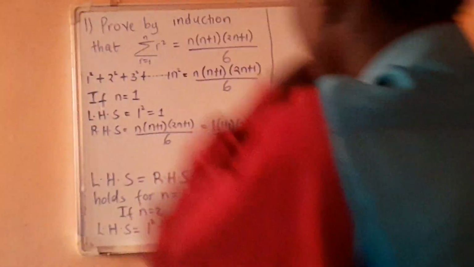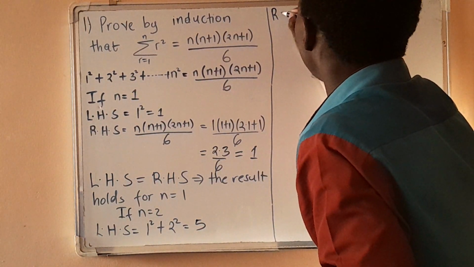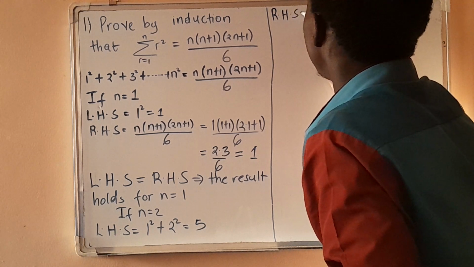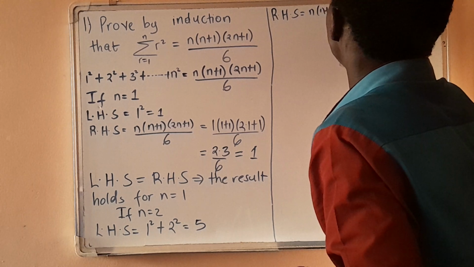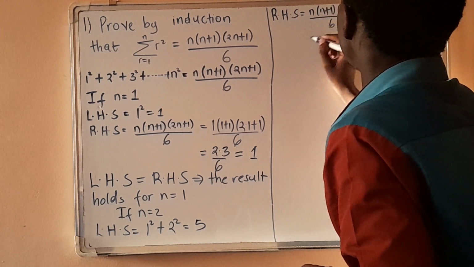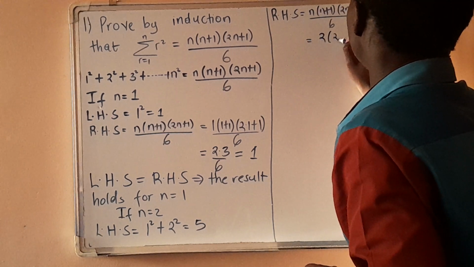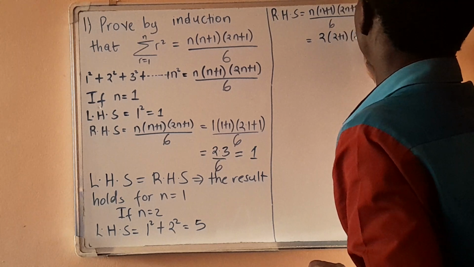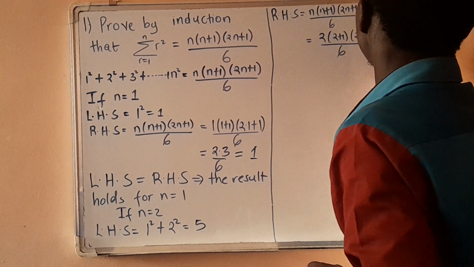That is the left-hand side. Then the right-hand side, where there is n, you substitute 2: n times (n plus 1) times (2n plus 1) over 6. This is equal to 2 times (2 plus 1) times (2 times 2 plus 1) over 6.